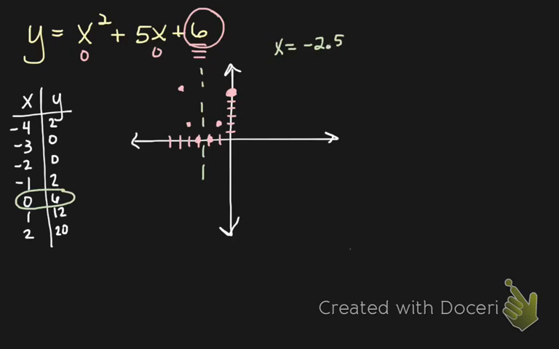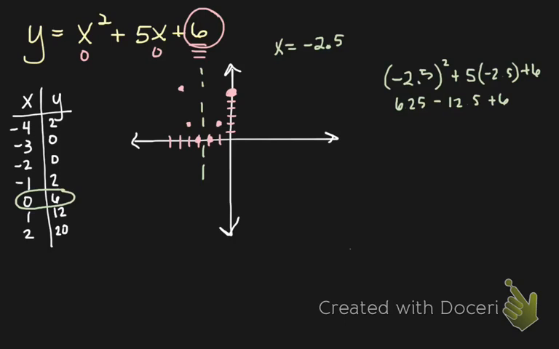So if we would like to find the exact coordinate point of our vertex, all we have to do is plug in -2.5 into our equation and solve for the y. So if we have -2.5 squared plus 5 times -2.5 plus 6, we will get 6.25 minus 12.5 plus 6.